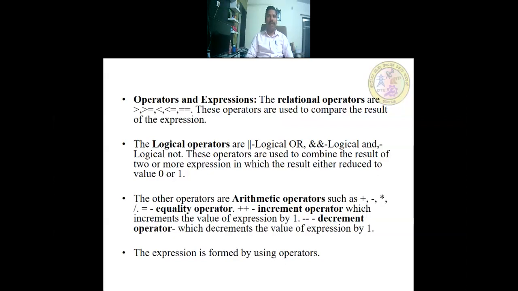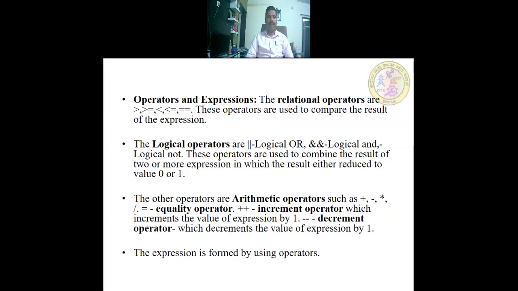The logical operators are the double vertical bar, also called logical OR, the double ampersand, called logical AND, and the exclamation mark, used as logical NOT. These operators are used to combine the results of two or more expressions.